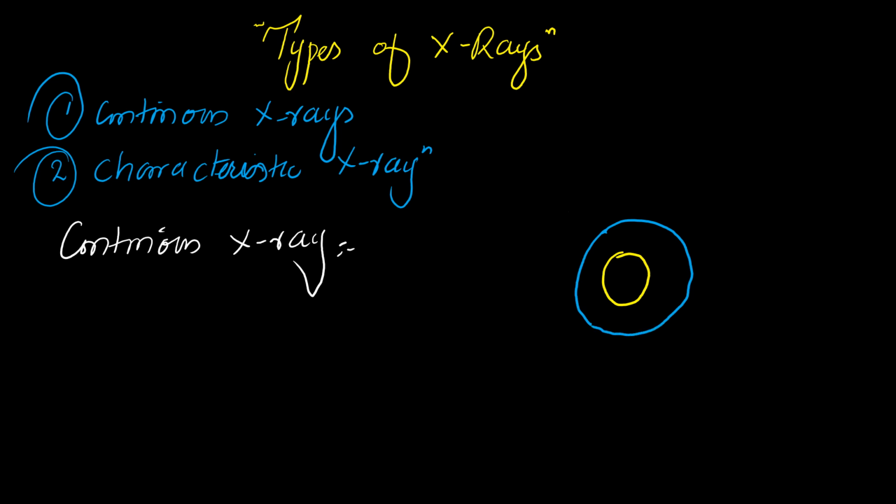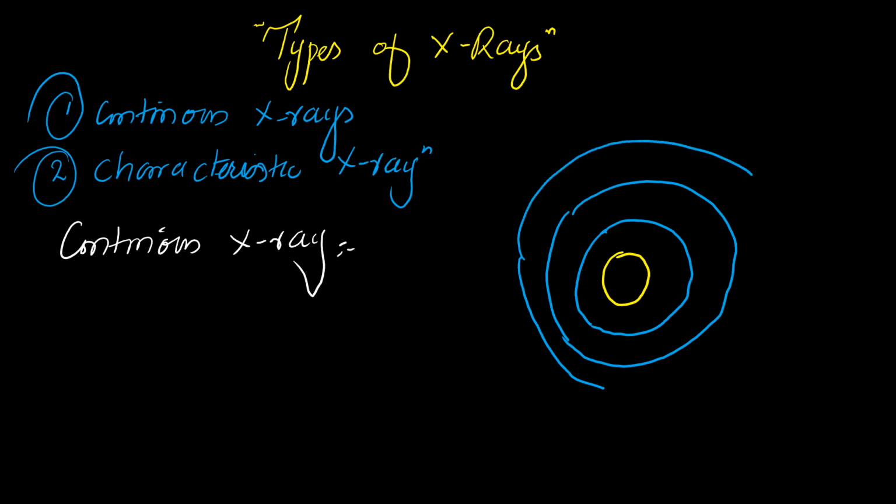Suppose that this is a sodium atom, and the sodium atom has energy levels like shells around it. This is the first energy level. Suppose this is the second energy level of the sodium atom, and this is the third energy level. Electrons are present in these energy levels. 2 electrons are present in the first energy level.